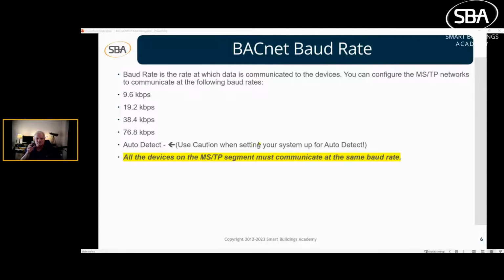So auto detect is a feature that's available on a lot of controllers, but I just want to warn you, if you have auto detect set up and autobaud set up, then when you plug into that network, make sure that the device you plug into the network with is set up to communicate at that baud rate in advance. Otherwise, you're going to reset the baud rate, and you've got to reset all the baud rates in all the devices on that network until everybody's talking again.